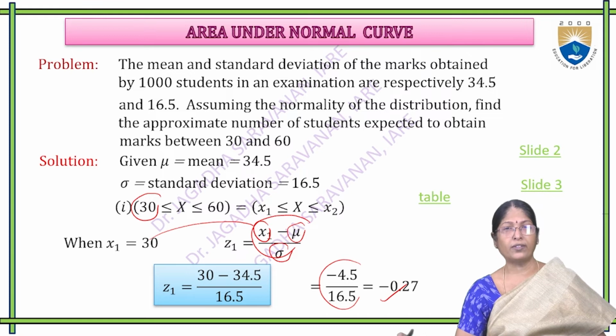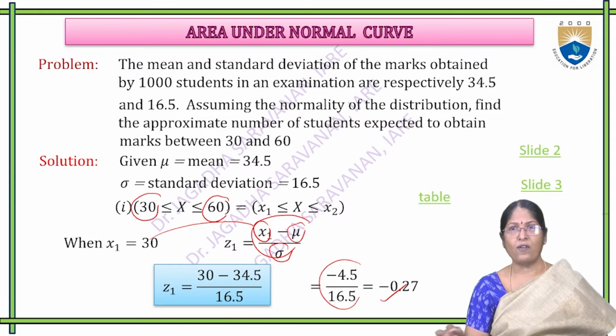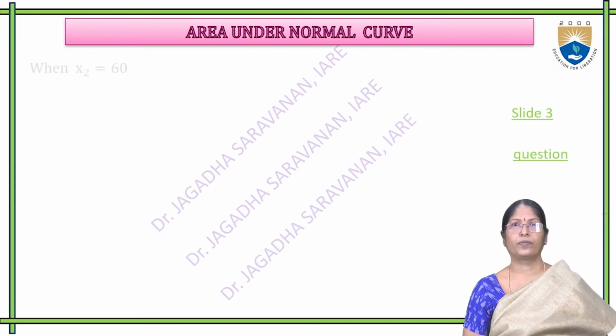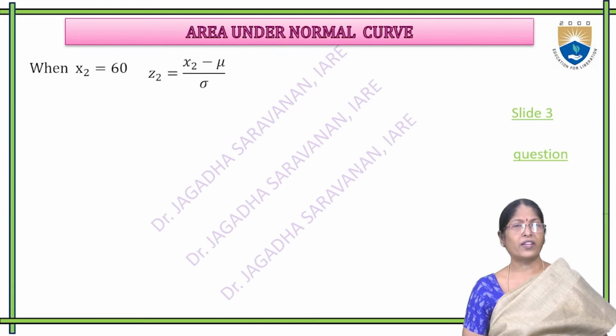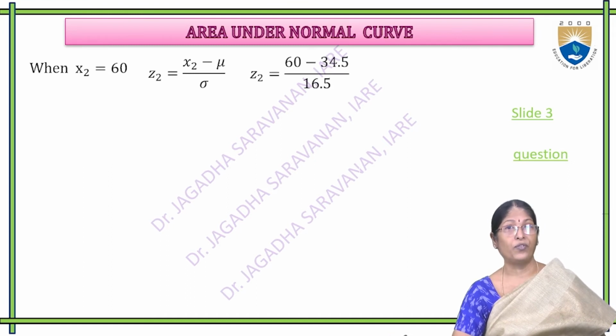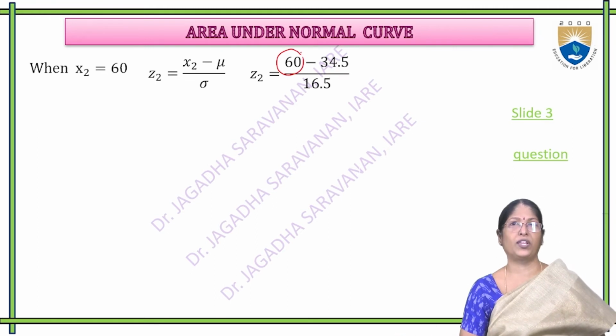Now our next step is to move to 60. Our 60, the name is x2. Yes, x2. That we have to convert into z2. x2 minus mu by sigma, we are substituting. Here x2 is 60.